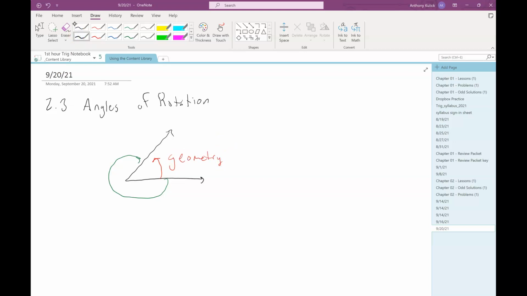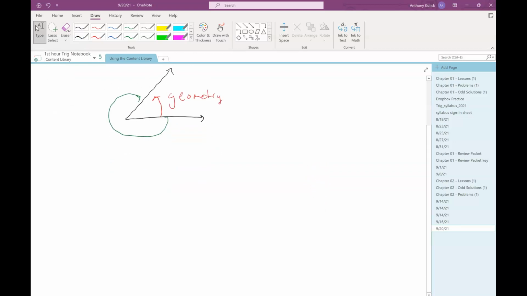Today we're going to extend that definition of an angle.